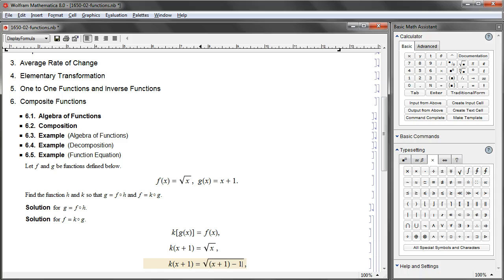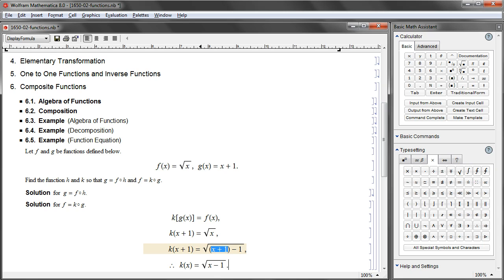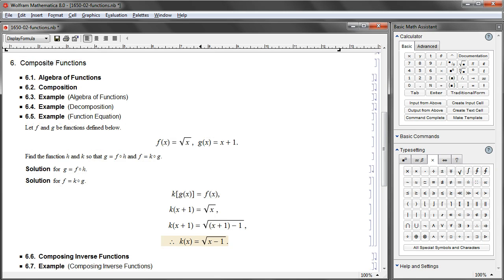Now we are ready. Now that we have k of x plus 1 expressed like this, if we change this x plus 1 into x, then we are simply replacing this x plus 1 and consequently that x plus 1 by x. Here's the answer. K of x is square root of x minus 1.